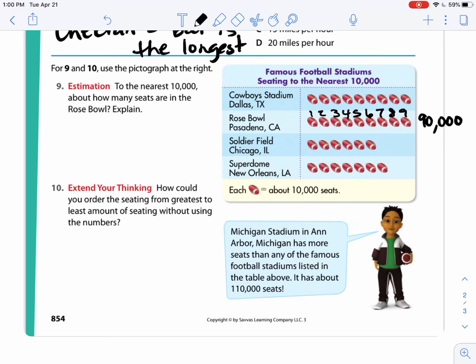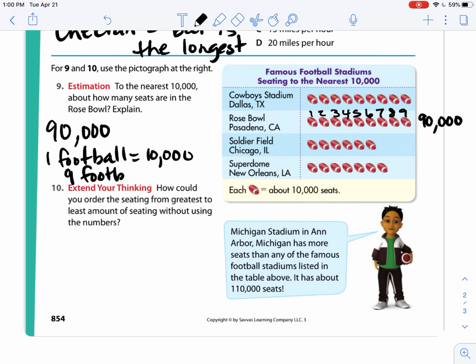Okay, so that's 90,000. And my explanation is 1 football equals 10,000. And there are 9 footballs would equal 90,000. Makes sense, right? Now notice I did label those so that I didn't miscount.